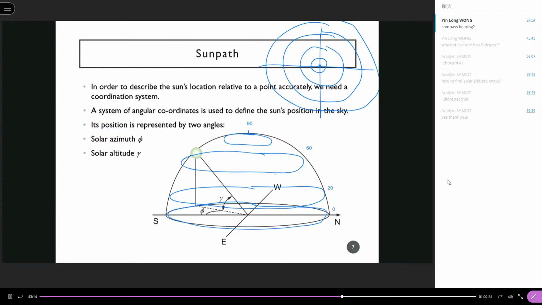It's just like we compress these circles onto the horizontal surface, and it becomes these circles.